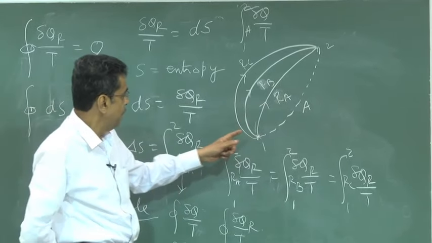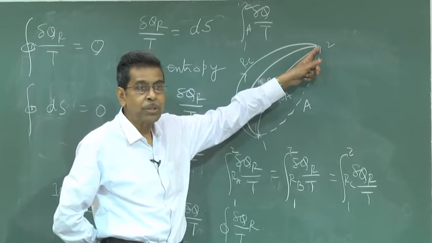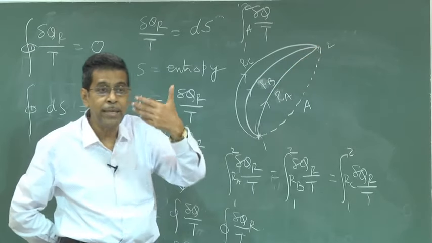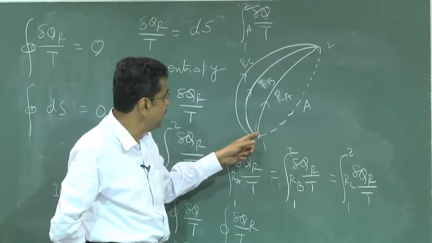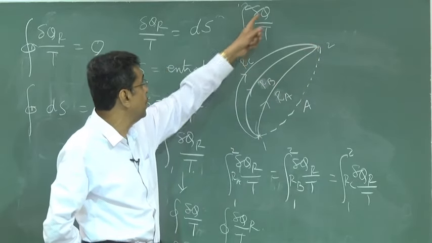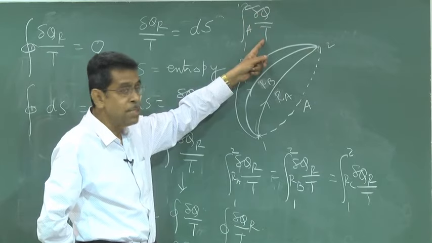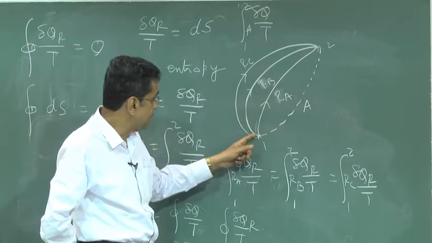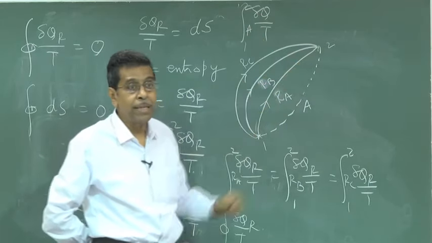That means we have to connect the states by a reversible process. You can tell verbally that the entropy change in an irreversible process connecting two states equals the integral of del q by T if the states could have been connected by a reversible process.